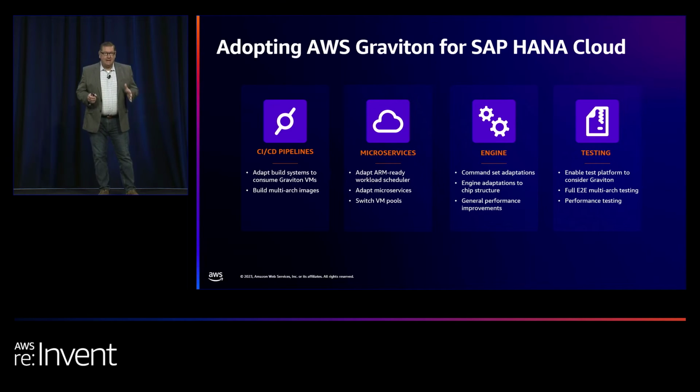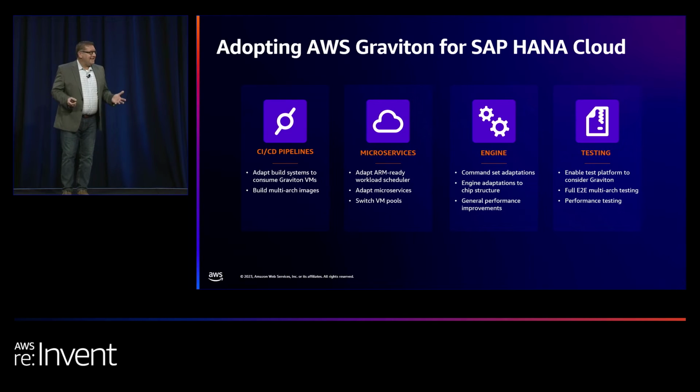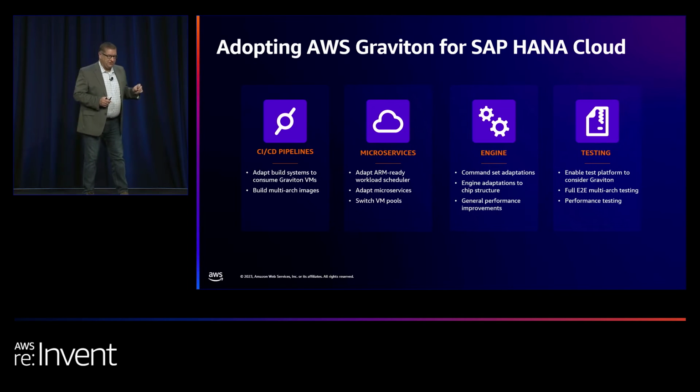And then you have the database engine itself, the SAP HANA Cloud database engine. So this required doing command set adaptations, engine adaptations to tree structure, and also general performance improvements. And we'll talk more about some of the optimizations and the approach that we took.